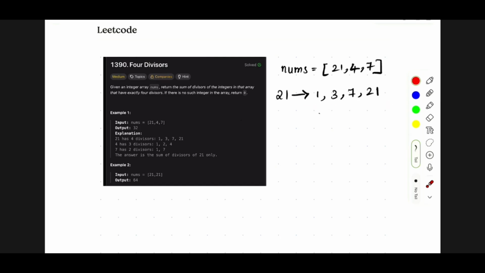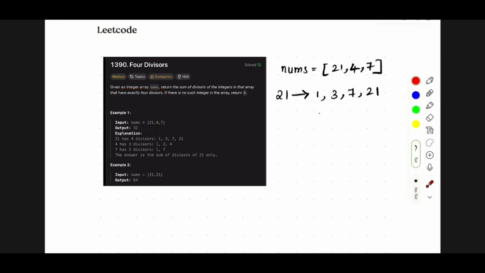As you could see, we are getting the divisors of each and every number, whether it is 21, whether it is 4 or whether it is 7. And here you could see that for 21 there are 4 divisors. Our question says that which of them are having exactly 4 divisors.